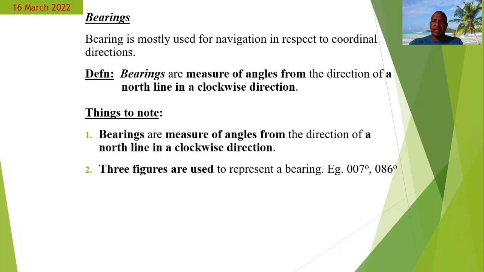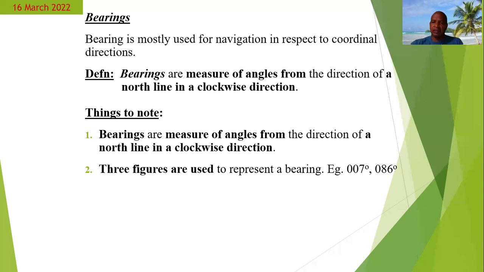So if you're looking at the examples that we have here, if we measure an angle of 7 degrees, if you're writing it in the form how we write bearings, it means that we have to have 3 figures. So we would have to start off with 2 zeros. So we would have 007 degrees. So that is an equivalent angle of 7 degrees.